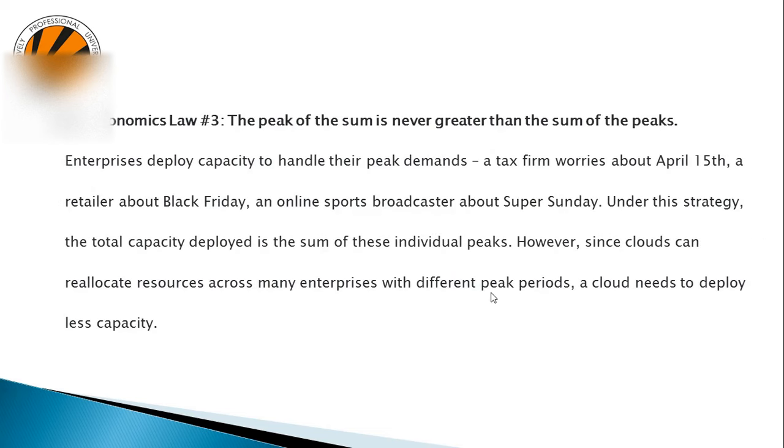Third, the peak of the sum is never greater than the sum of peaks, which means that you can combine a number of different companies who need different resources, get all of them at a single place, and deploy that capacity; it will never exceed.